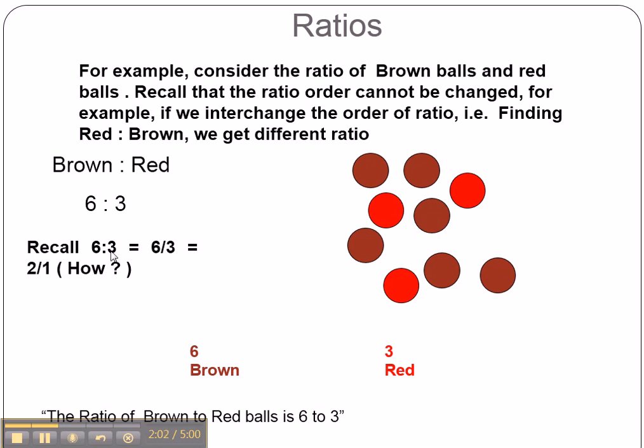We can write 6 is to 3 as 6 upon 3, which equals 2 upon 1. If we write 6 upon 3 in simplest form, it will be 2 by 1. So the simplest form is 2 is to 1. This is the ratio of brown to red.